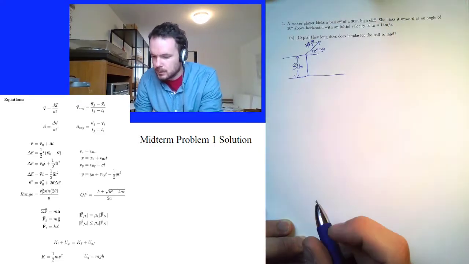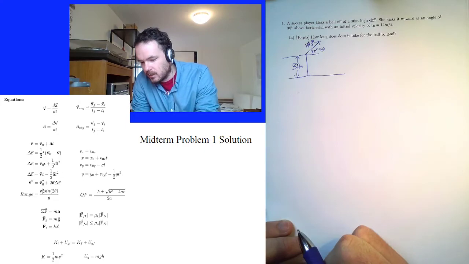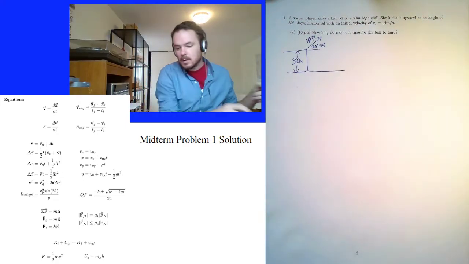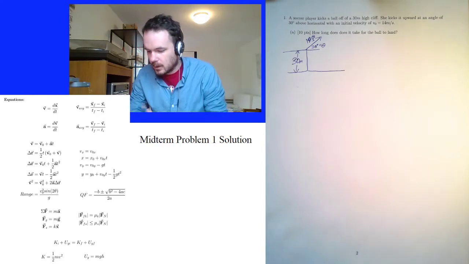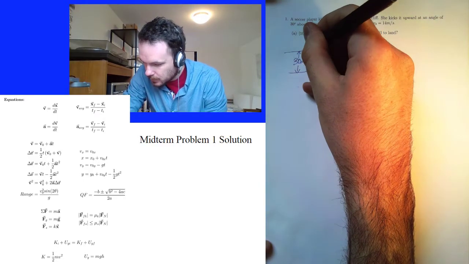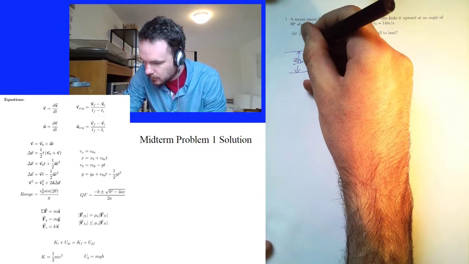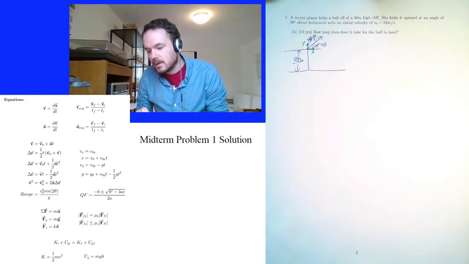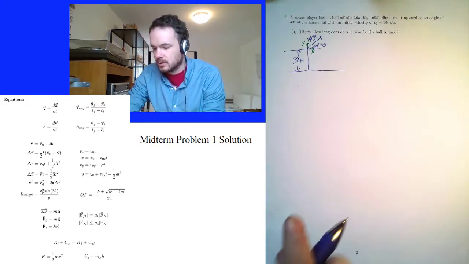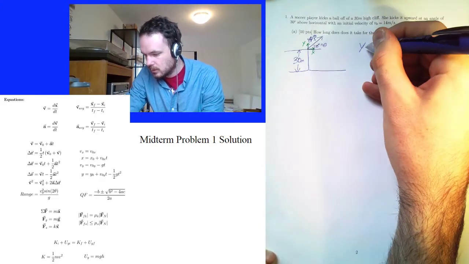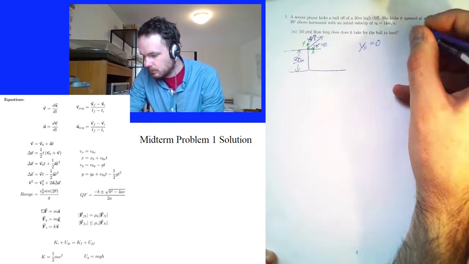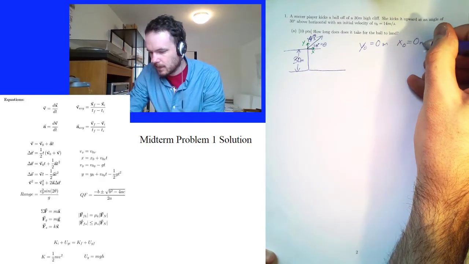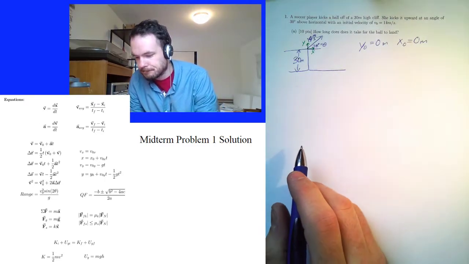Okay, so I know something about the y direction, right? I'm going to use a coordinate system right here, right at the edge of the cliff, so that my y initial is going to be 0. And same with my x initial, just because I have the coordinate system there.